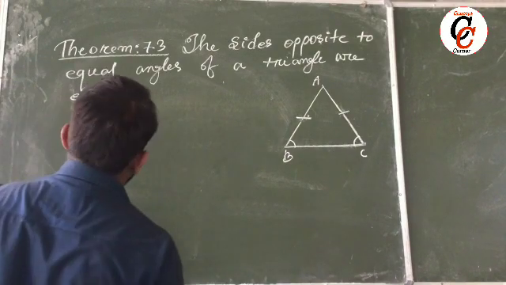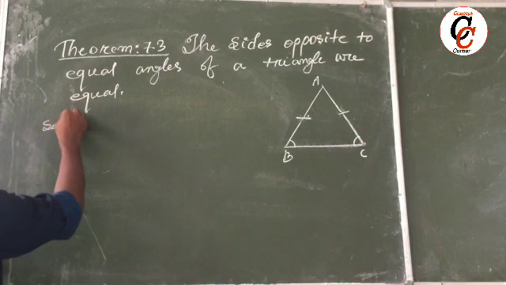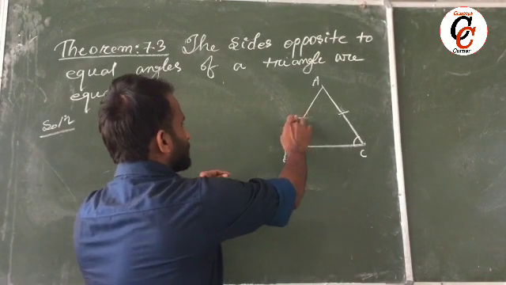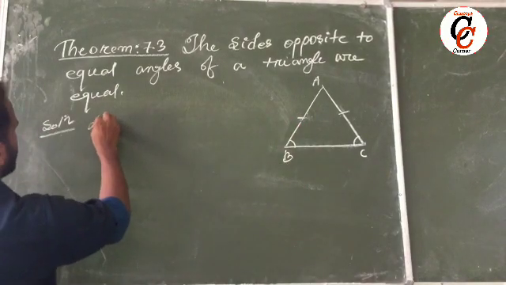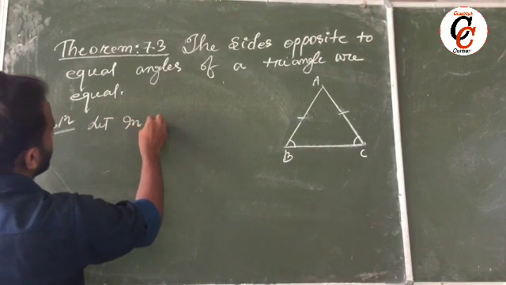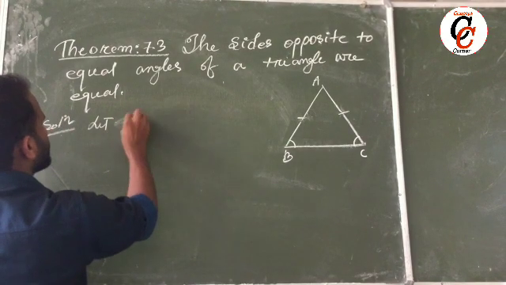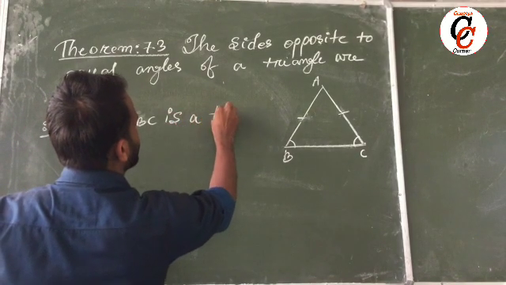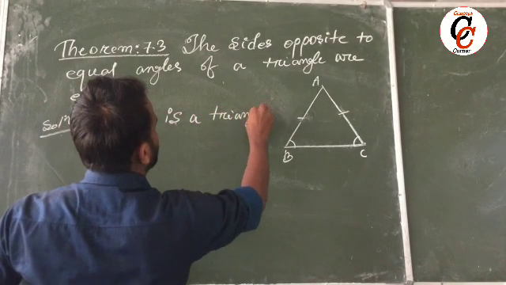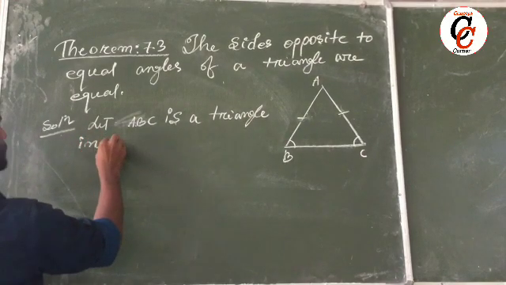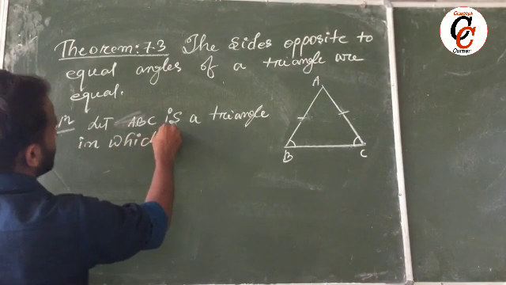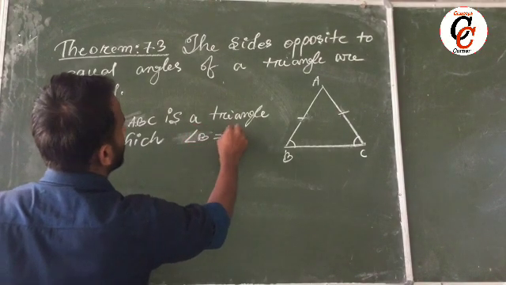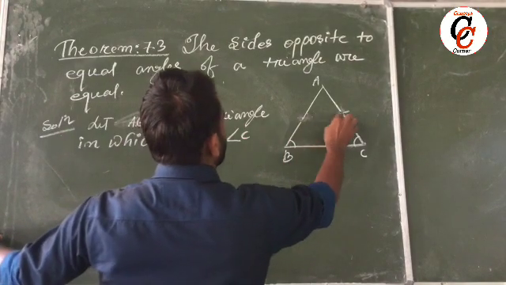So what is given? We will write first. Since we have taken the triangle as we wished, we will write: let ABC be a triangle in which angle B equals angle C. Equal angles are given.